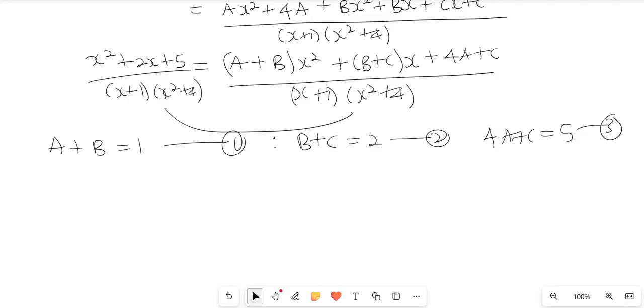When we solve these three equations simultaneously, which I'm not going to do in this video to keep the video from getting too long, I will just give you the final answers for a, b, and c.